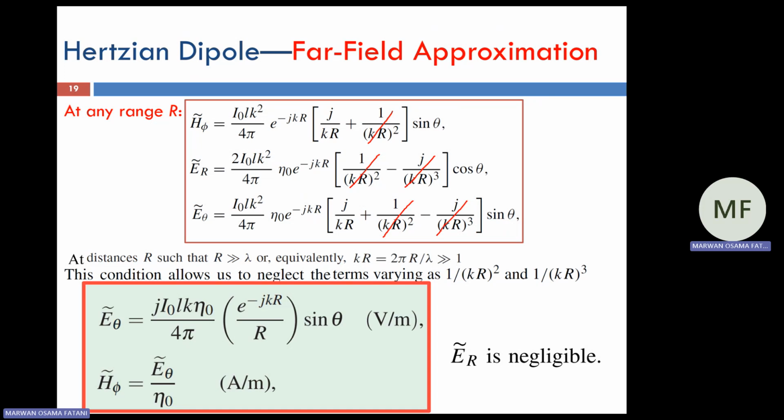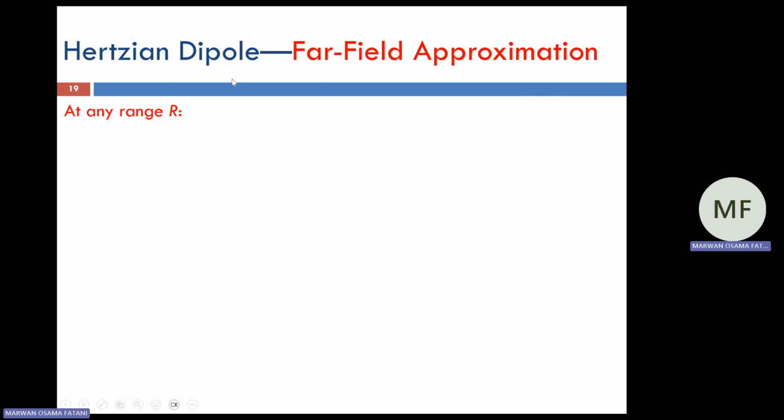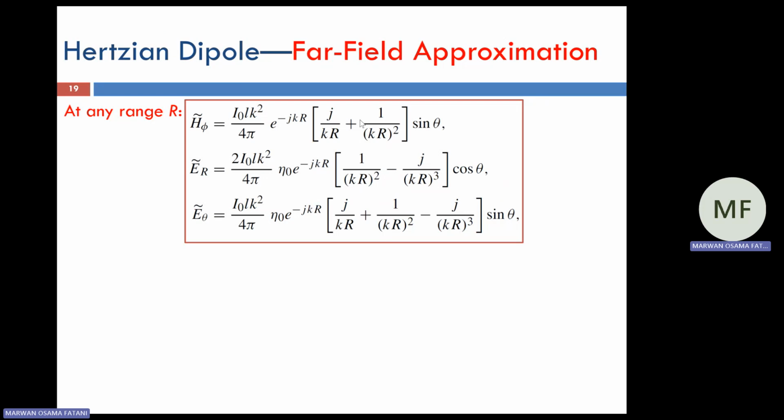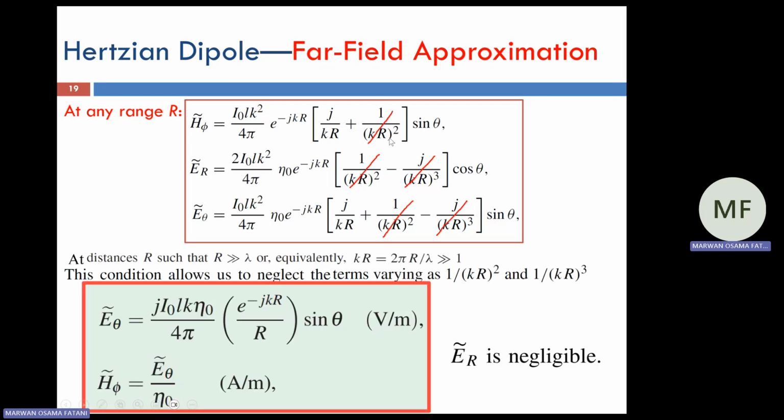And again, as I said before, to mathematically make these equations a little bit more manageable, we are going to cancel out any radius that has a power of 2 or more.